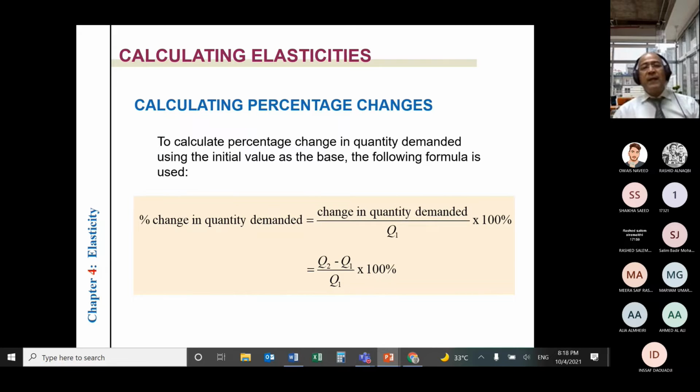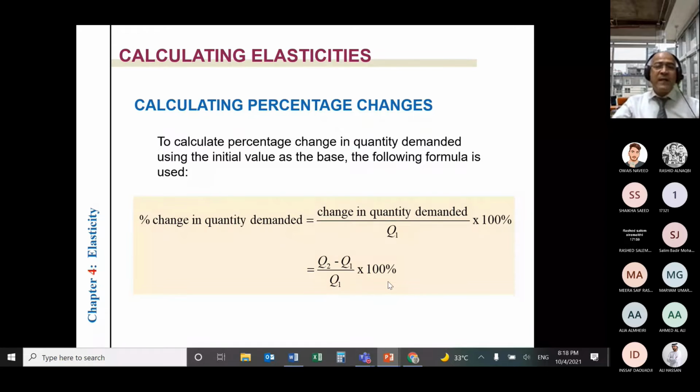First, to calculate the percentage change in quantity demanded, you need the new quantity minus the old quantity. So what is the new quantity? 2 units, if you remember the example. The old quantity, 1 unit, divided by the old quantity, times 100.